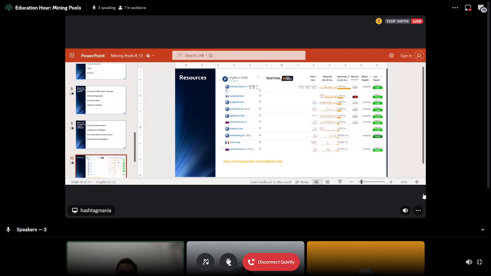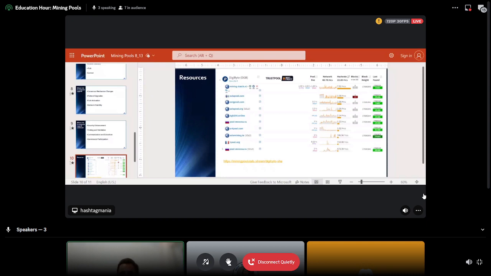So you might want to look at something with a lower minimum, because just like with not your keys, not your coins, the pool is not a bank, but it will hold on to those coins until you hit that level. And we all like our coins under our own private keys in cold storage or our own wallets that we control.